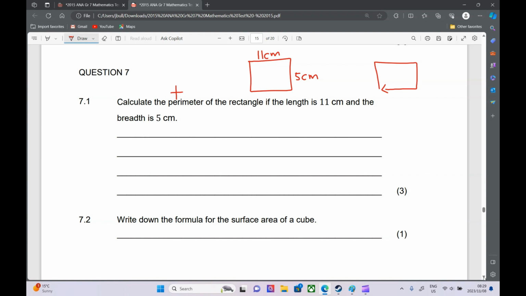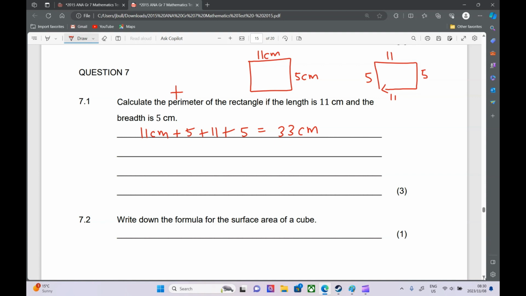So I'm going to have 11 centimeters across, add the 5, add another 11, and then add another 5. 11 and 11 is 22, add 5 is 27, add 5 is 33 centimeters. That is my perimeter.